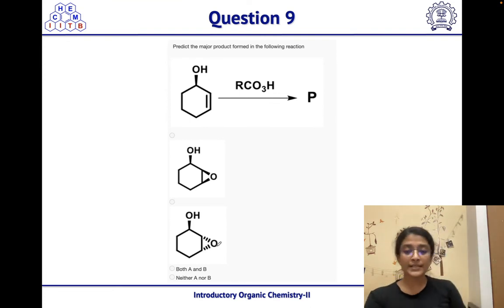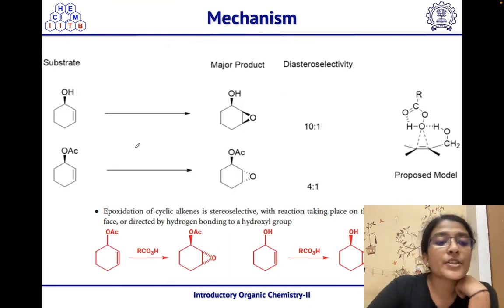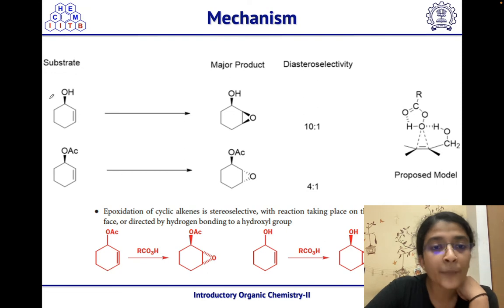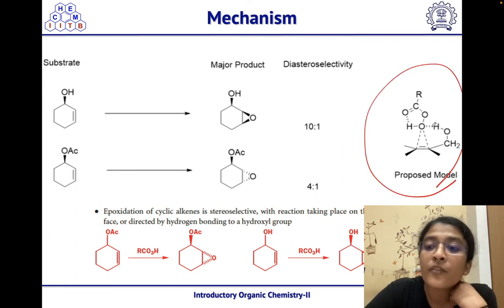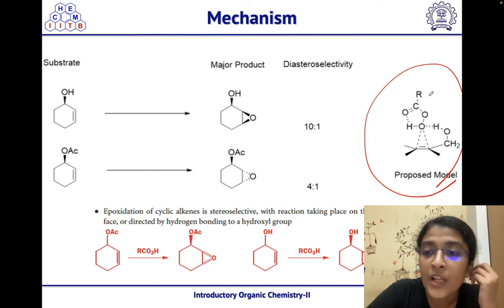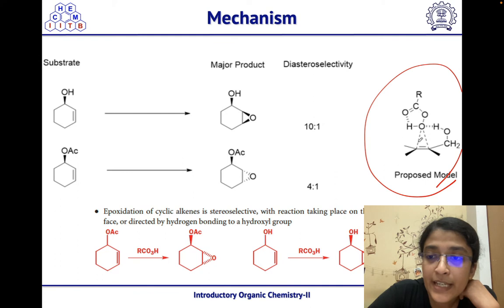So coming to the answer, actually when there is alcohol, the attack will take place from the same side, and that is because of this intermediate, where there is chance of hydrogen bonding with this alcohol. That peracid will form hydrogen bonding with alcohol, leading to formation of an intermediate similar to this, and from here epoxidation is taking place.